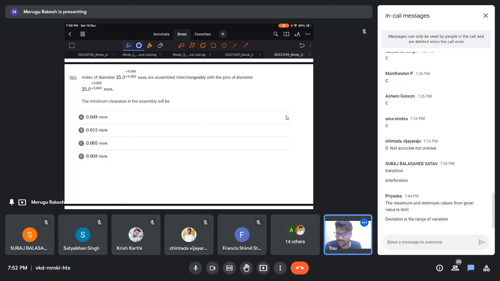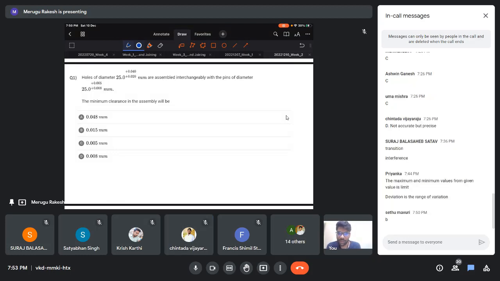This was a previous GATE question. These are the options.